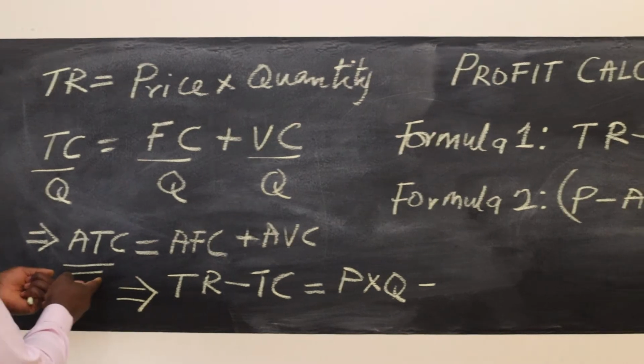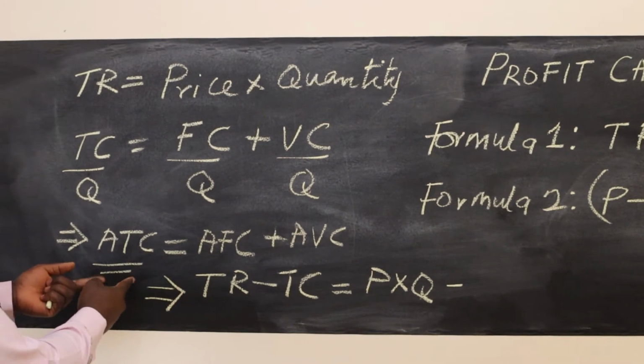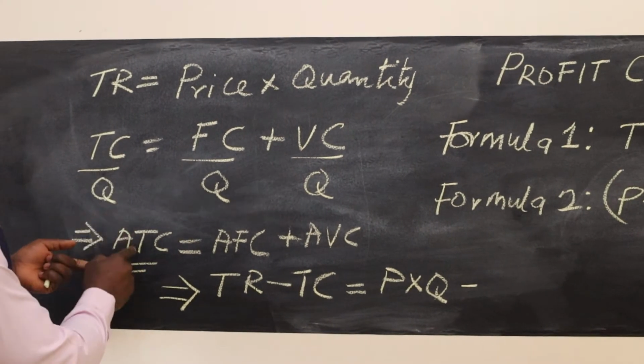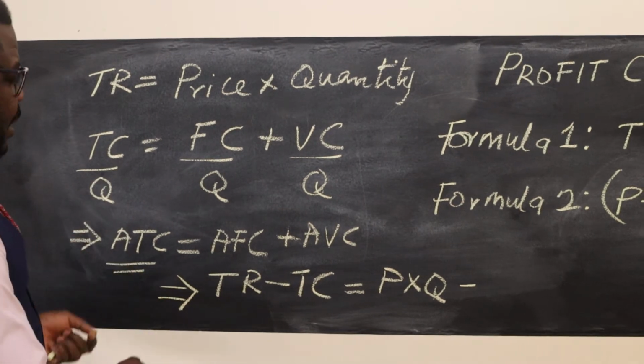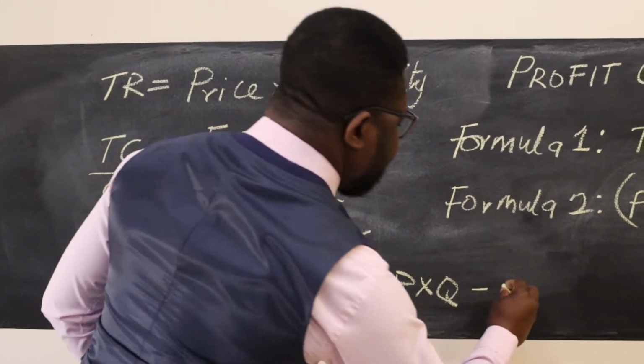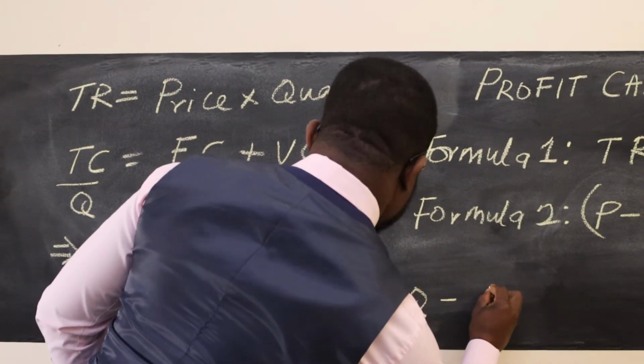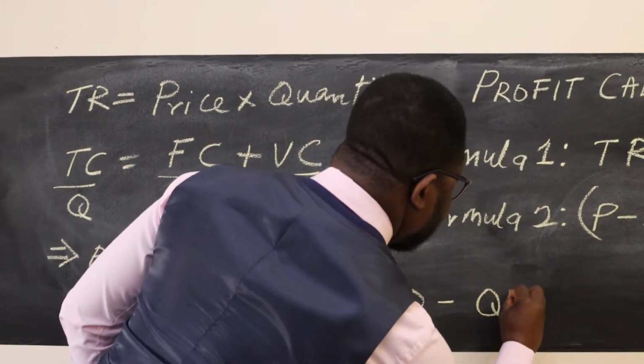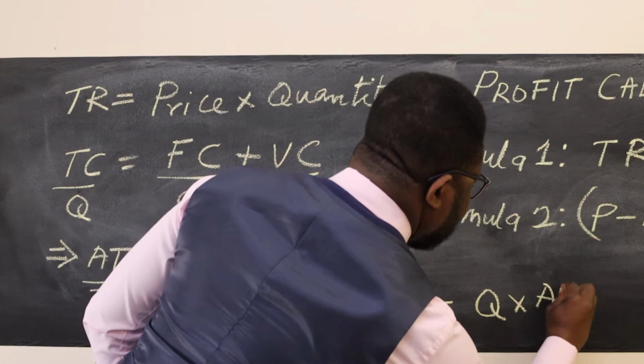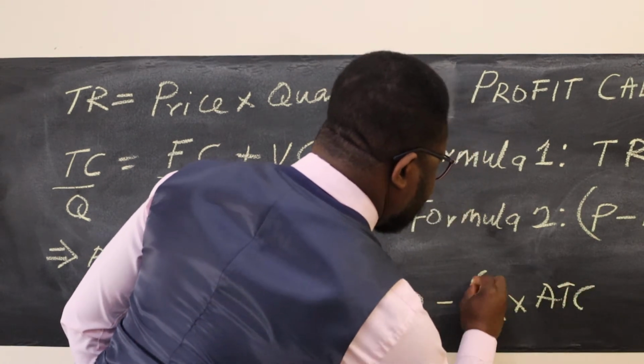We know ATC is here, right? This we divided by Q and we got ATC, so we can say minus Q times ATC. Okay?